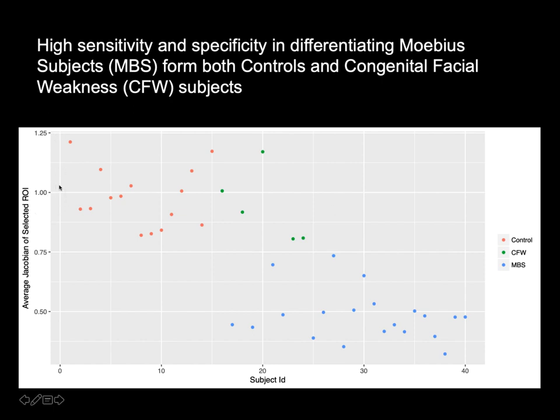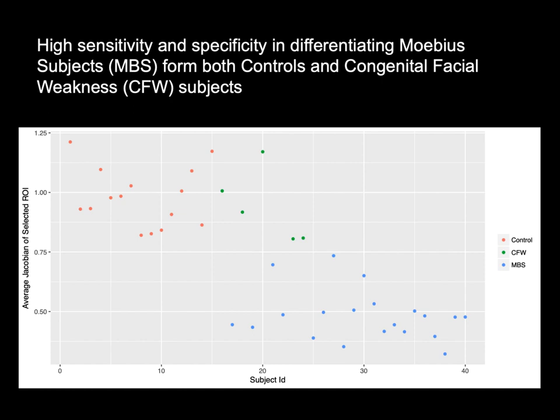So you see that if 1 is the mean value for the control reference, your controls are essentially around this 1, right? With a certain variability. I mean, we have inter-individual variability in size of the medial longitudinal fasciculus or that particular region. But then, again, the patients are very clearly separated with a much smaller structure.